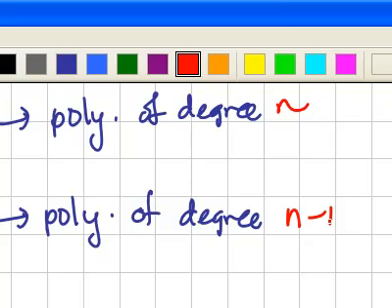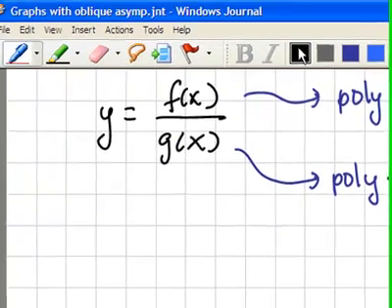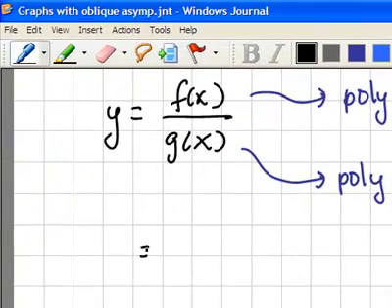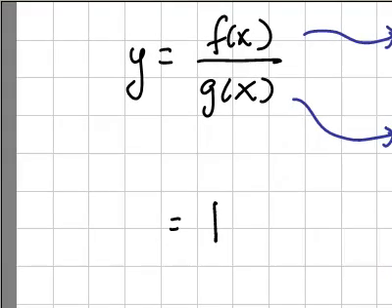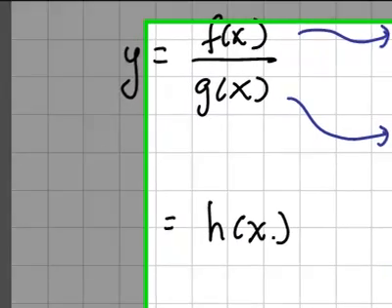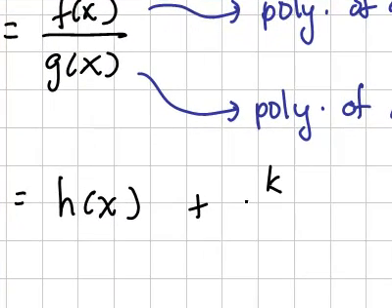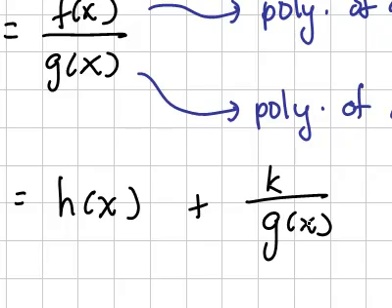Alright, so when I simplify this rational function into a proper fraction, perhaps I will get something like this: another expression, plus a constant divided by the g(x) itself as stated earlier on.